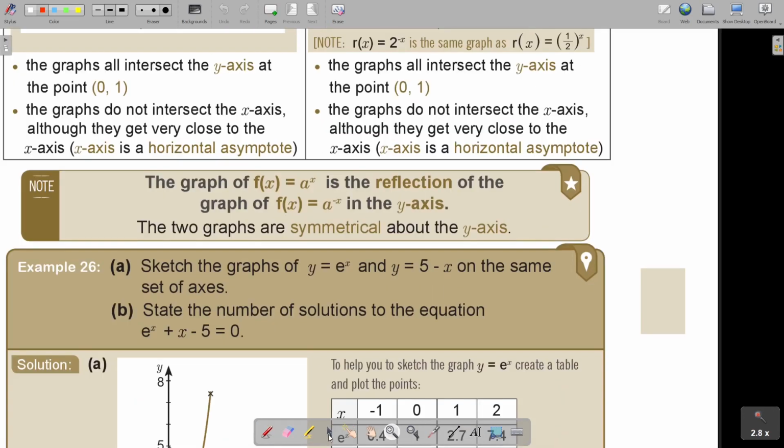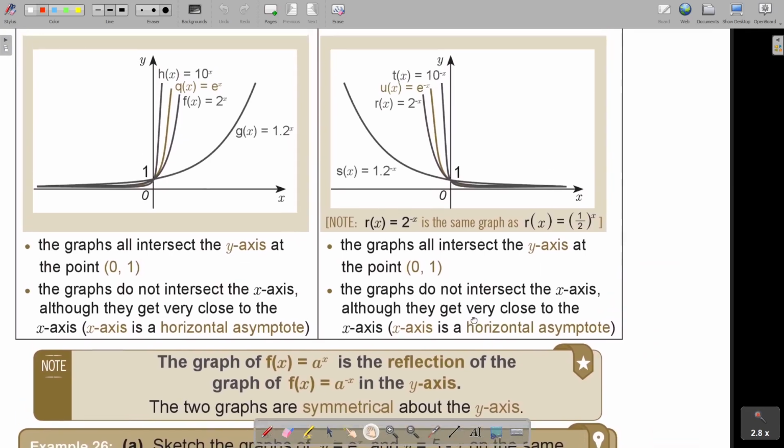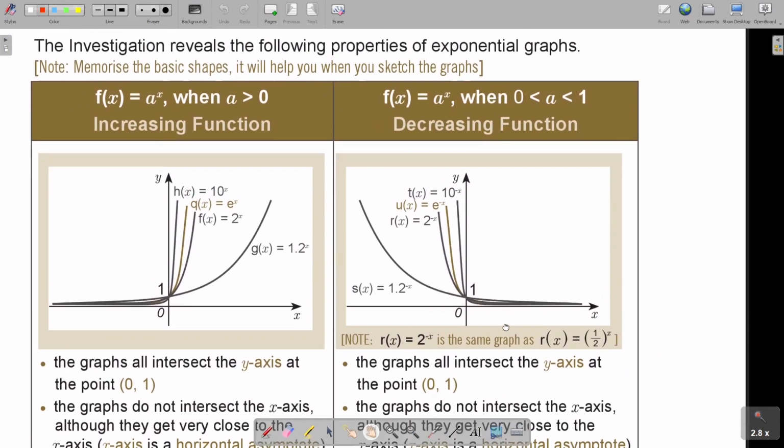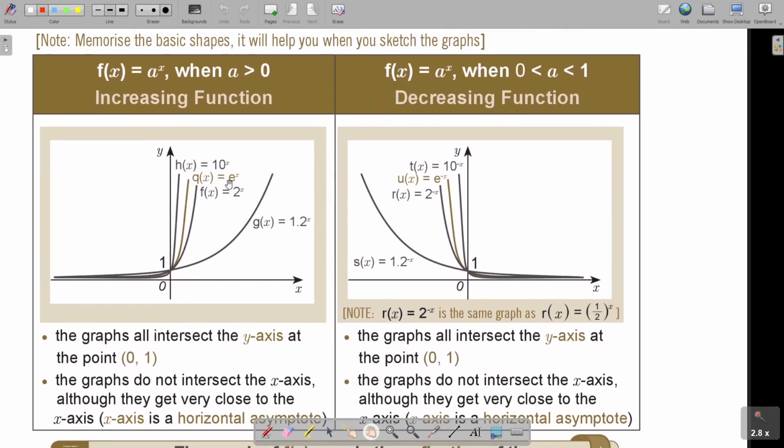Because this is more or less, I'll take you to the log one also. So basically, these are the shapes: if it's e to the power of x, if it's positive, it will go like this. And as soon as they make it negative, it will go like this. How will you find that value of 1? Just like we always do.